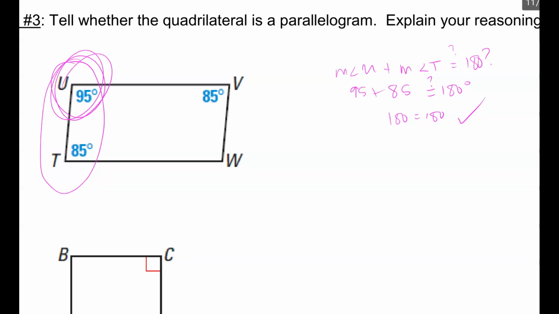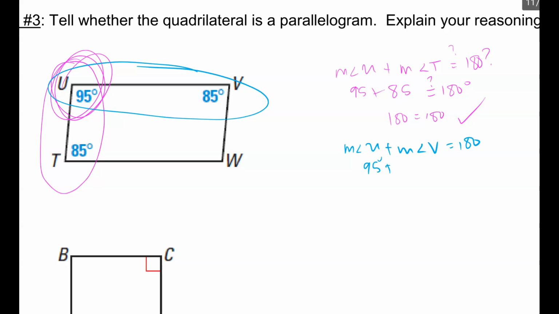These two are supplementary, good. Now we have to check the other one. The measure of angle U plus the measure of angle V is 180. If I add 95 degrees plus 85 degrees, we're testing, and it turns out it is true. So because it is supplementary to both of its adjacent angles, it will be a parallelogram.